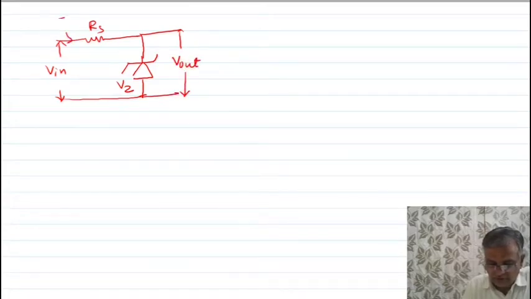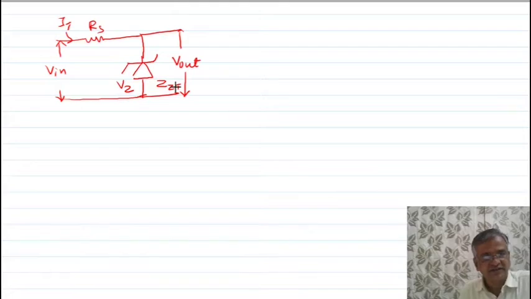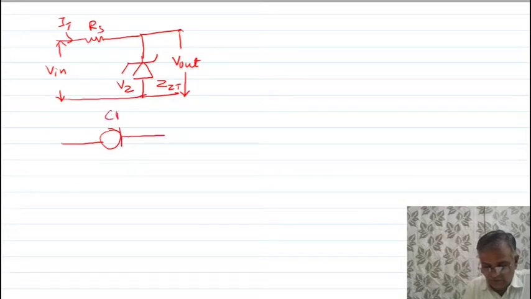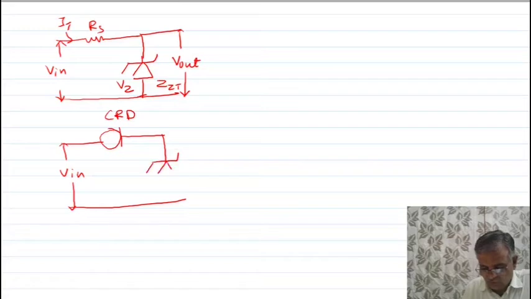This is your current, the total current I. Now you know the resistance of the Zener, I am writing ZZT, it is the dynamic resistance. See the other circuit with a CRD instead of the series resistor RS. See this circuit, CRD with Zener diode to get the constant voltage. See the advantage that I am discussing with you now.